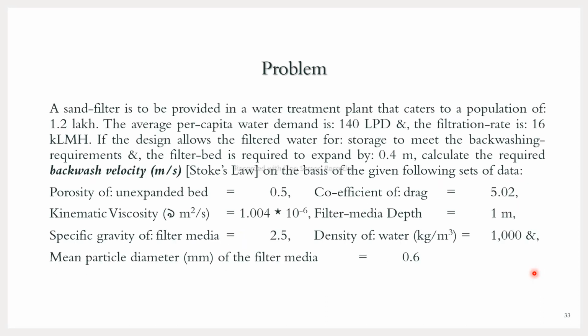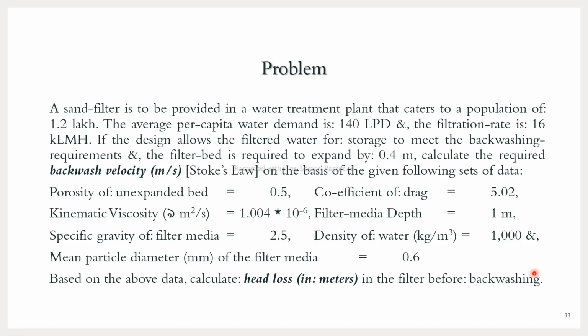Cd is the coefficient of drag. You can see it is given in the question. So yes, coefficient of drag is given as 5.02. So 19.62 divided by 5.02, whatever that is, multiplied by dg. dg is the mean particle diameter of the filter media in millimeters.